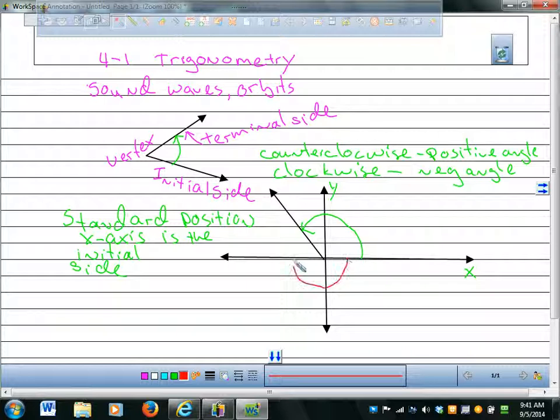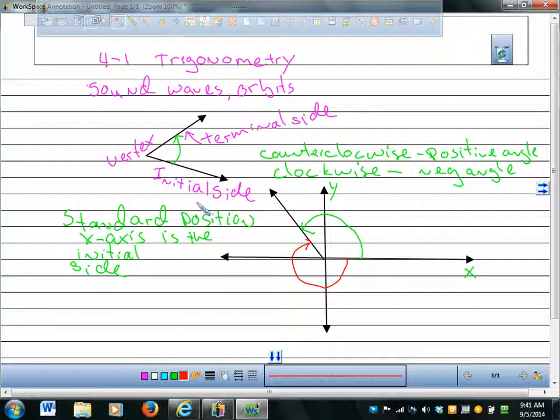Okay, so I could go like that, right? And that would be a negative angle. So the same angle can be represented in more than one way. So unlike geometry, where we only define angles as being between 90 degrees and 180 degrees, in trigonometry you could have negative angles that are infinite, that could go on forever and ever, okay?